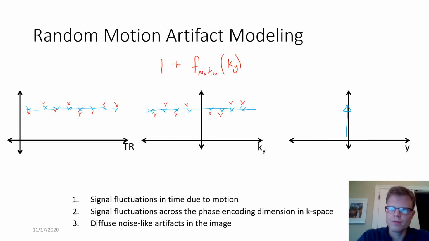And when we go into our Fourier domain, we're still going to get a copy of our original point object here, but then we can use our lowercase and uppercase Fourier notation here. So this is simply the Fourier transform of whatever this random motion function is.